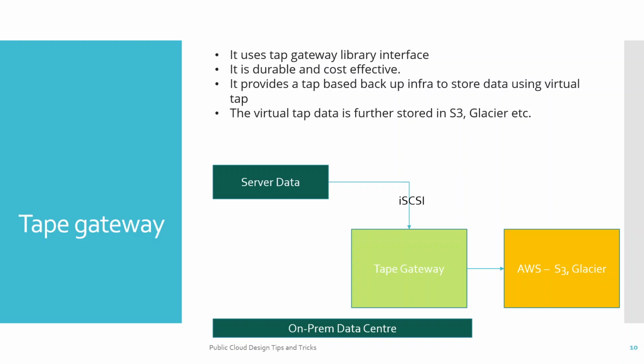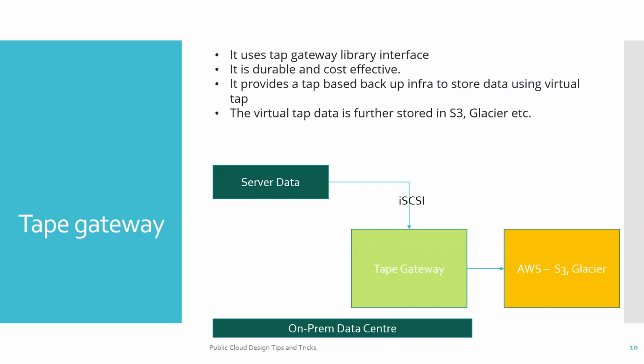Now the tape gateway is the third kind of storage gateway. It generally uses a tape gateway library interface for the data transfer, and it is durable and cost effective, and provides a tape-based backup infrastructure to store data using a virtual tape. So for on-prem, from different vendors, it works as a virtual tape storage.